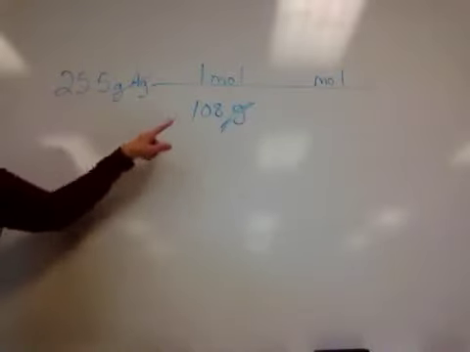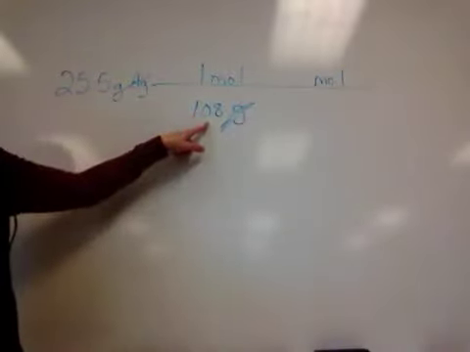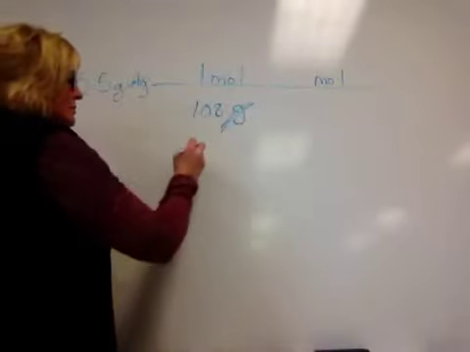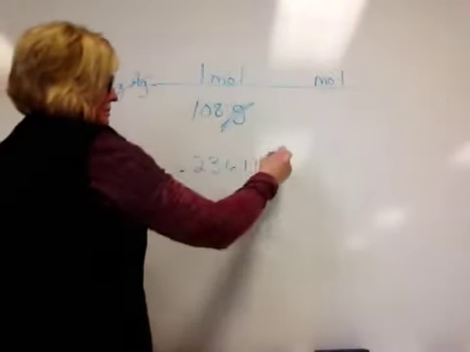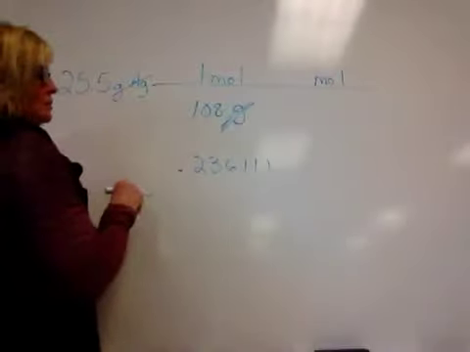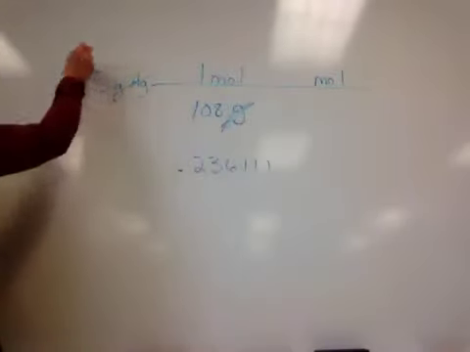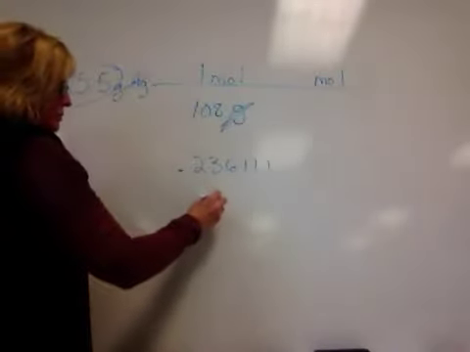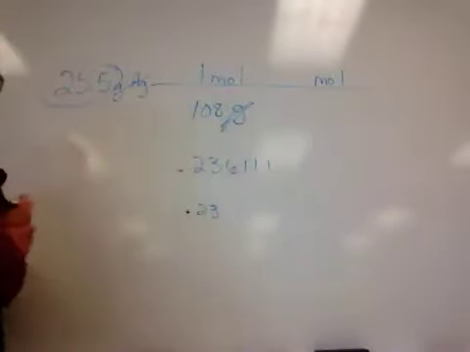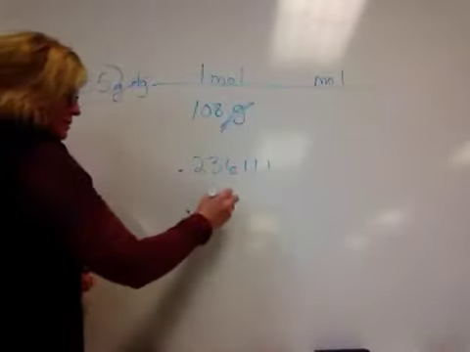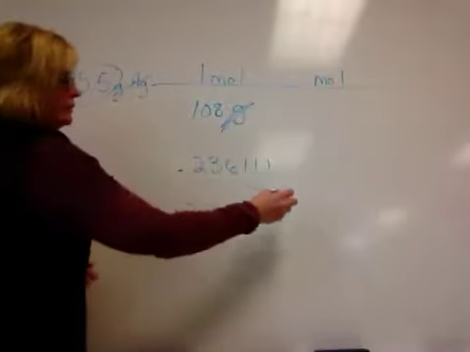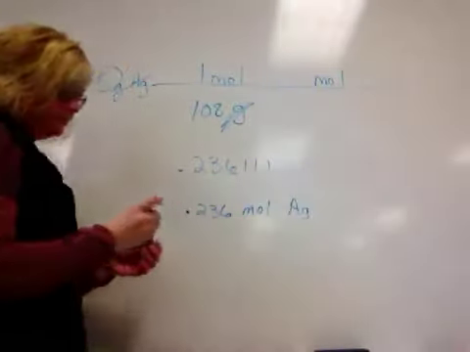So 25.5 divided by 108, give me what your calculator gives you. 0.236111, and that just keeps going. I need 3 significant digits, so 0.236 moles of silver.